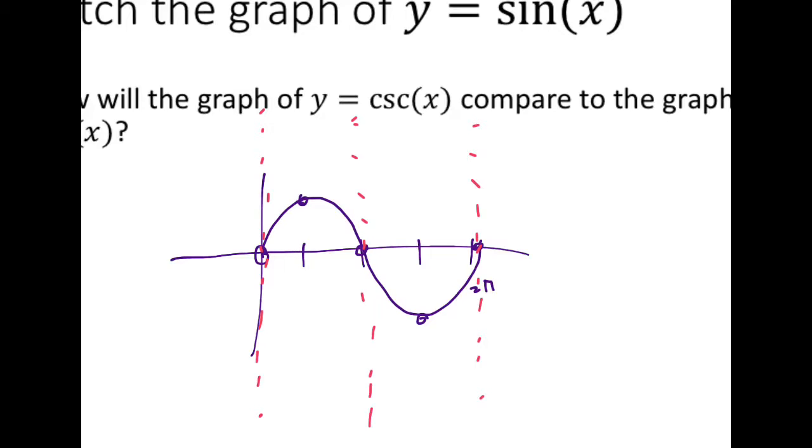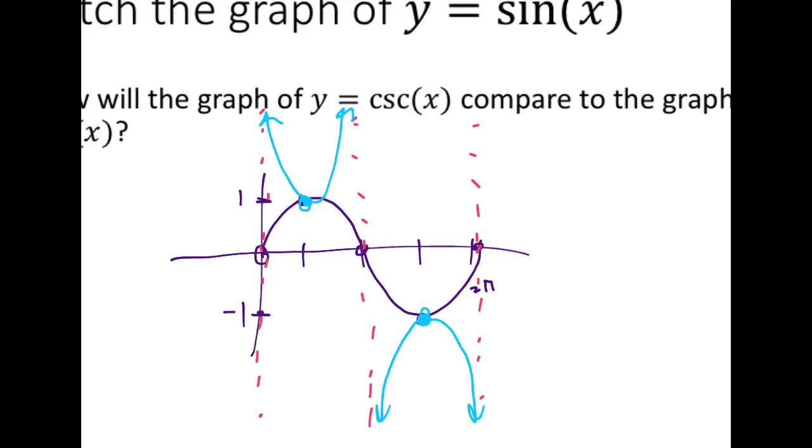One last thing we need to think of is that these maximum values right here are positive 1 and negative 1. The reciprocal of 1 is 1, and the reciprocal of negative 1 is negative 1. That means these points will be on both graphs. And then all I need to do is sketch that in just like that.